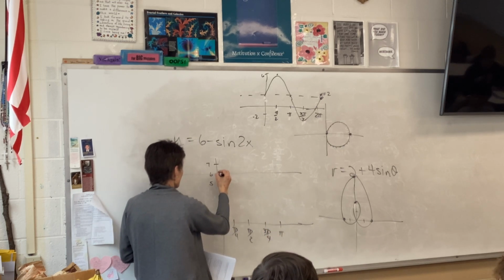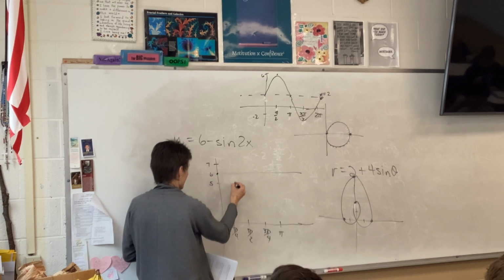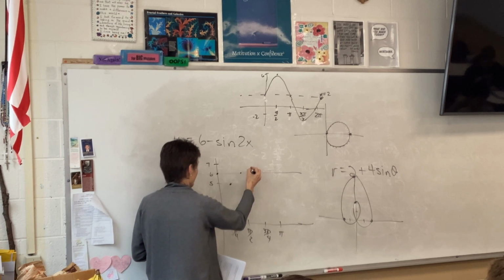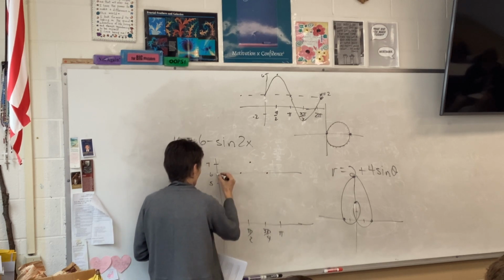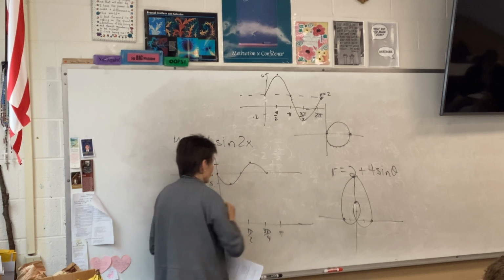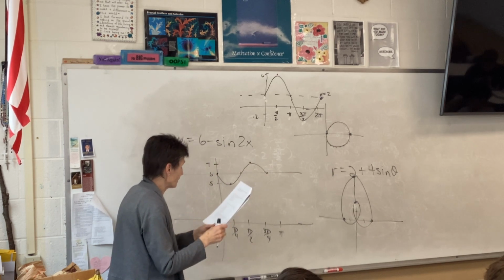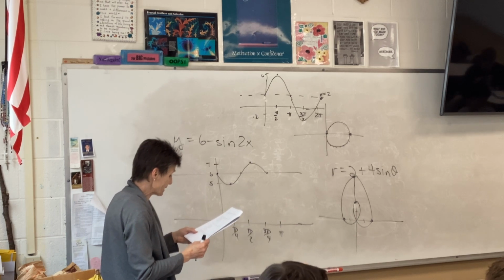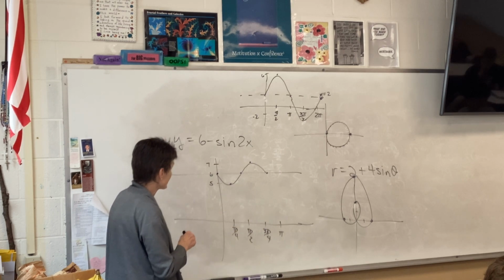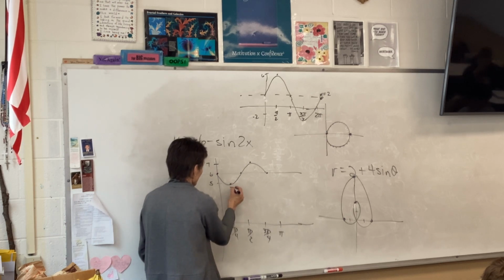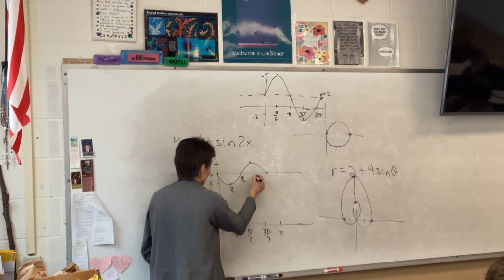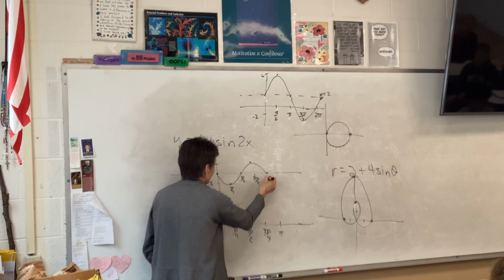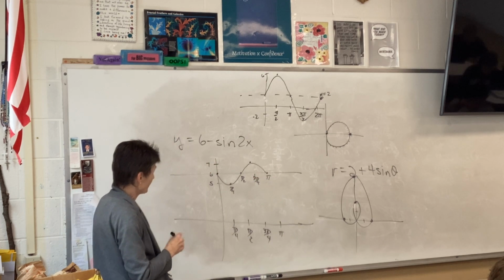Okay, so it's starting here, upside down, so it's coming down here. Now, yeah, we only go to pi. So here we go. On which of the following intervals is it increasing? So this is pi over 4, pi over 2, 3 pi over 4. Okay, so where is it increasing?